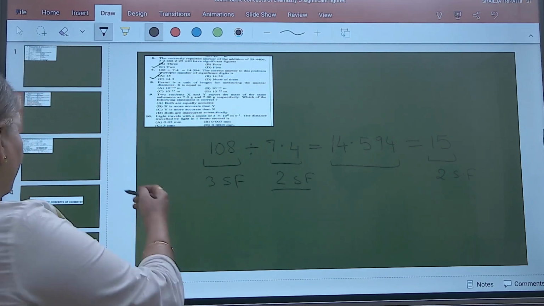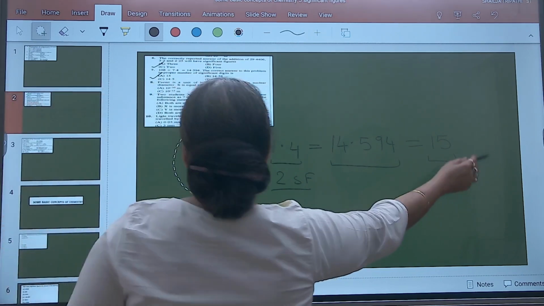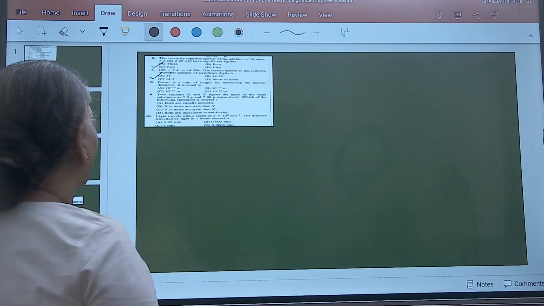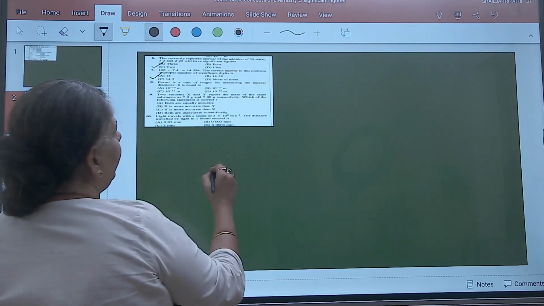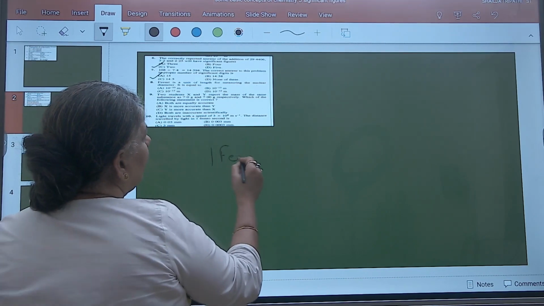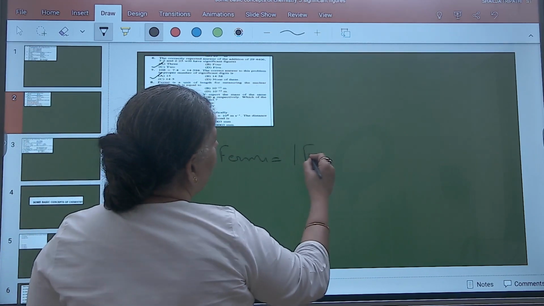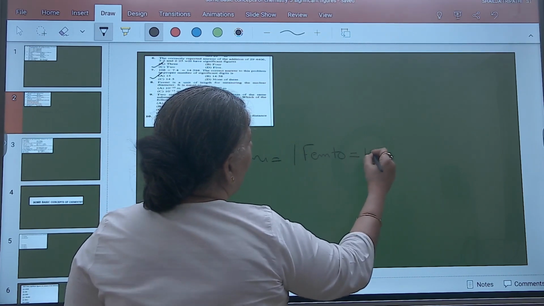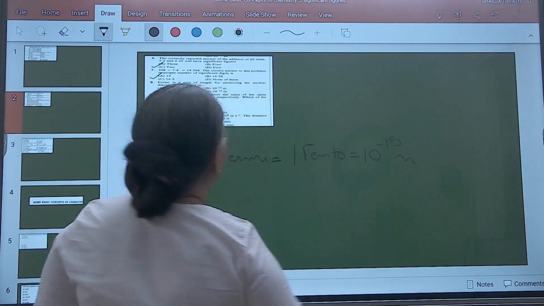Now let's come to the next question. 1 Fermi is the unit of length for measuring nuclear diameter. It is equal to 1 femto, and this is equal to 10 raised to the power minus 15 meters.